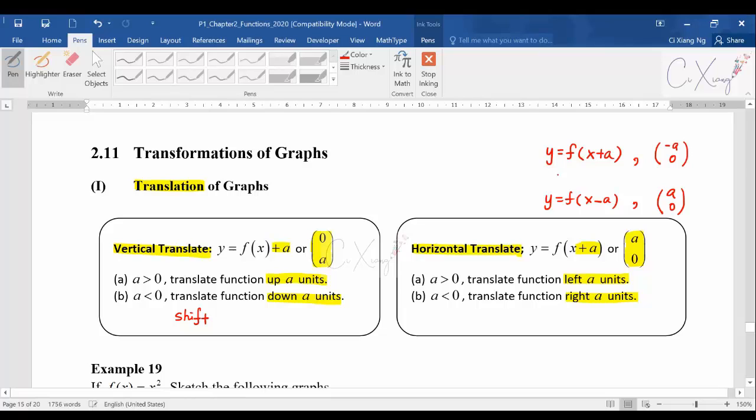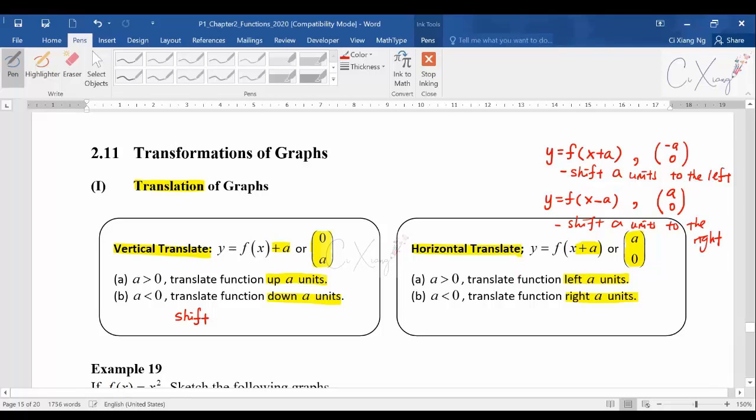So for the first case, you are moving the graph. You shift how many units? You shift A units to the left. And for this one, we shift A units to the right.